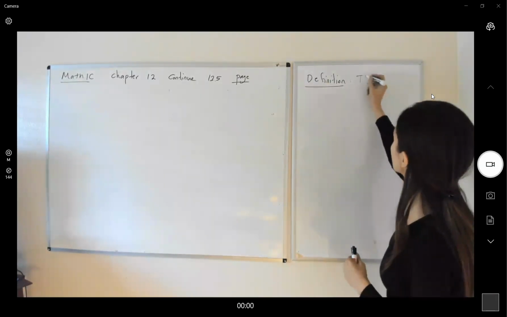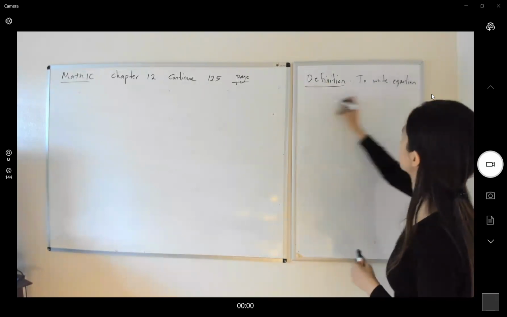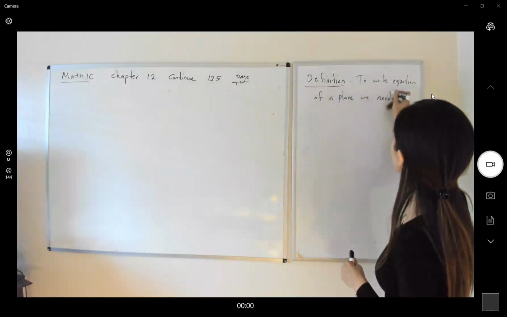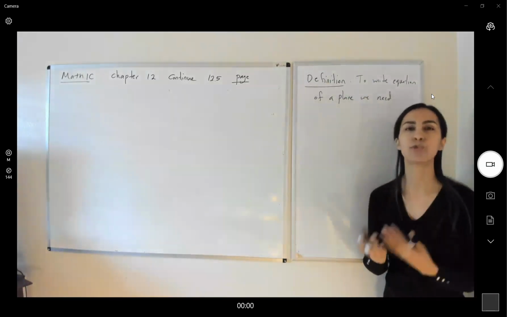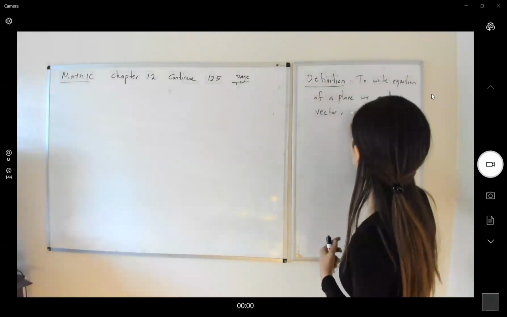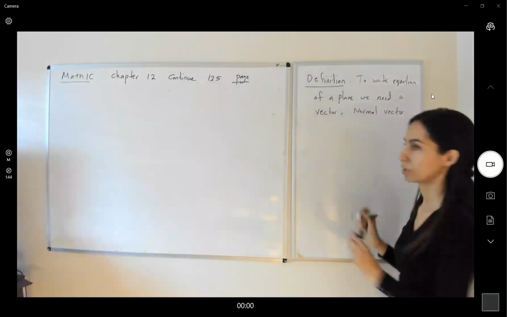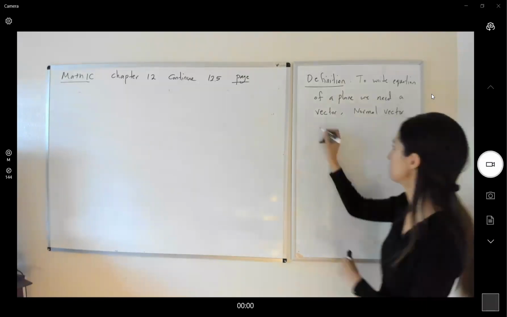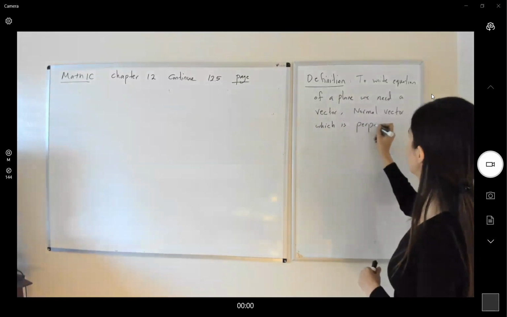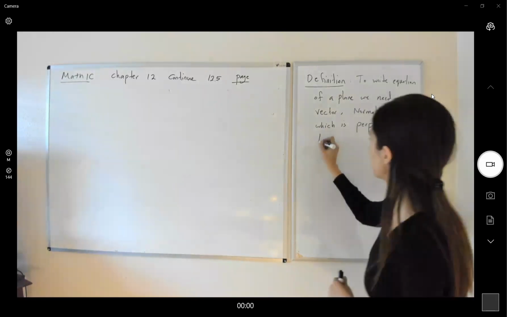So, to write the equation of the plane, we need a vector that we call a normal vector, which is perpendicular to the plane.